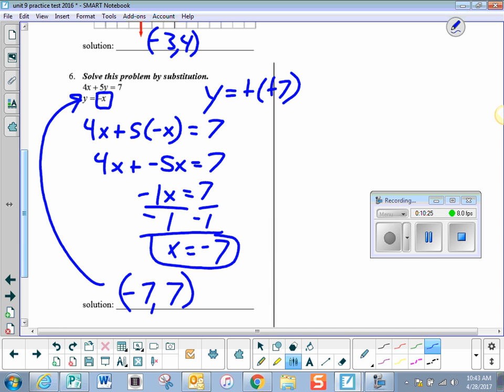Negative x, and I'm putting in a negative. Try explaining it like your times in negative, a negative times a negative is positive. So if you have y equals negative 1x, and I put in negative 7, it's negative 1 times negative 7, which is 7. There we go. Okay.